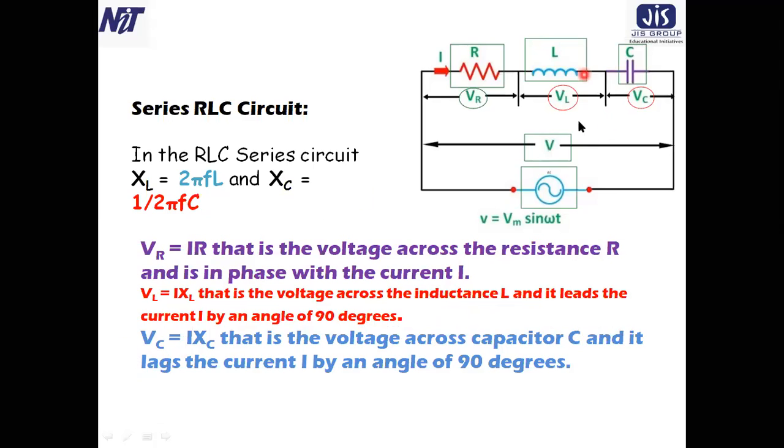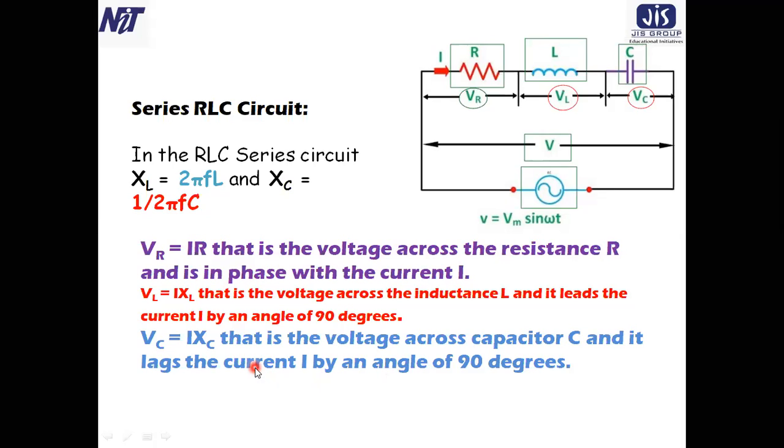The third one is VC. What is VC? VC equals I times XC. That is the voltage across capacitor C, and it lags the current I by an angle of 90 degrees. For a purely capacitive circuit, we know that the capacitor voltage always lags behind the current.